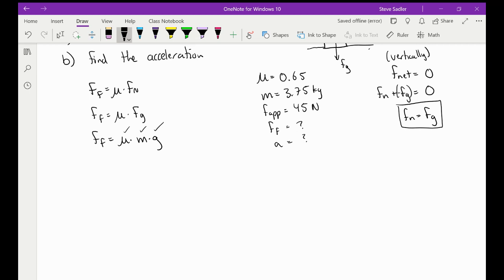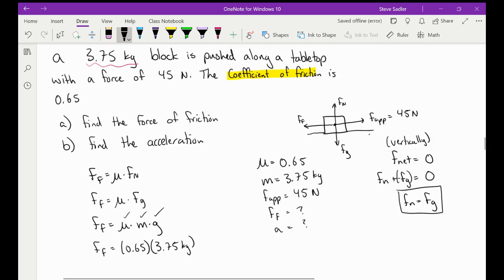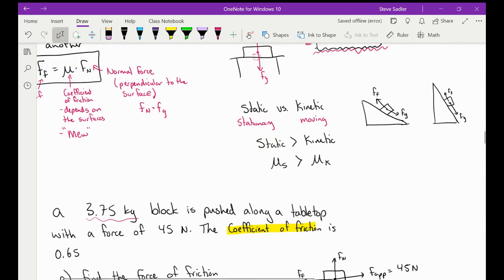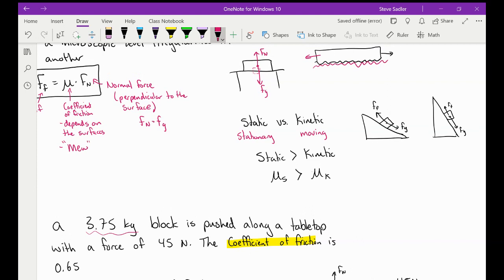So I know that, I know that, I know that, and I can just calculate. Mu is 0.65, mass is 3.75 kilograms. Mu is unitless, by the way. I totally forgot to mention that. Mu is unitless. It doesn't have a unit.